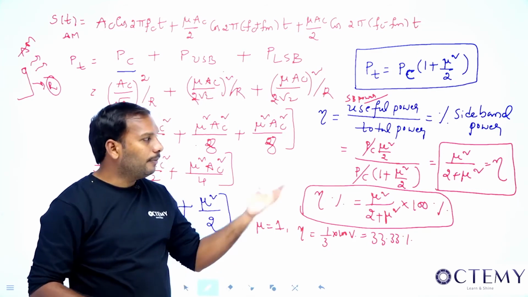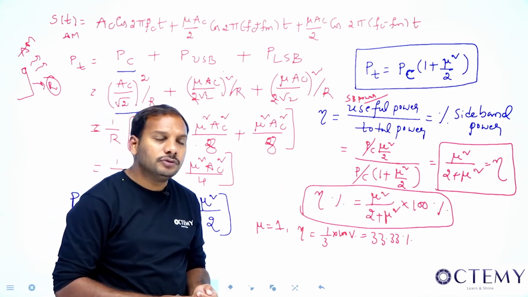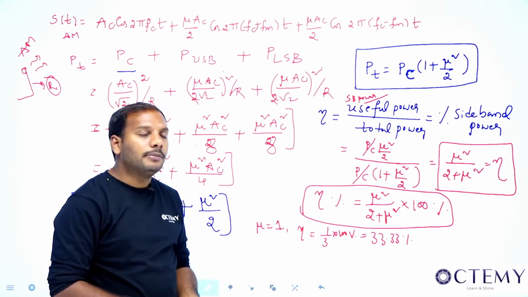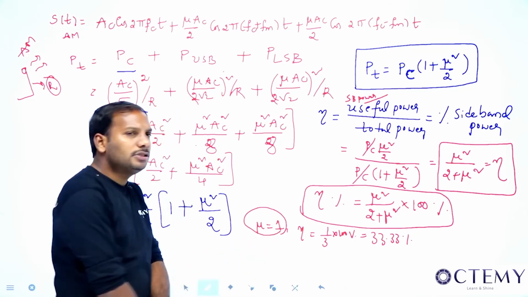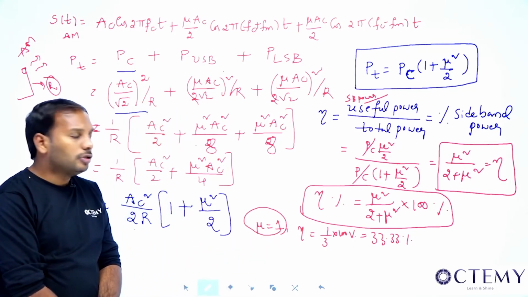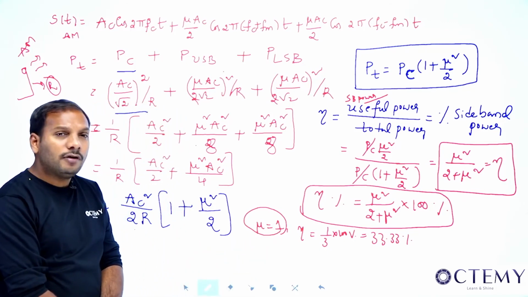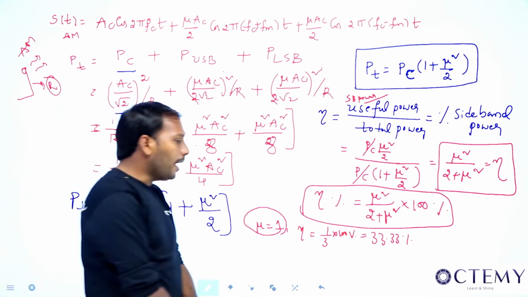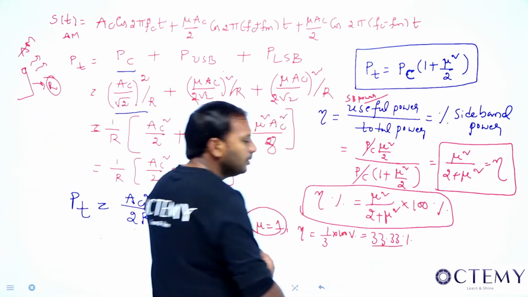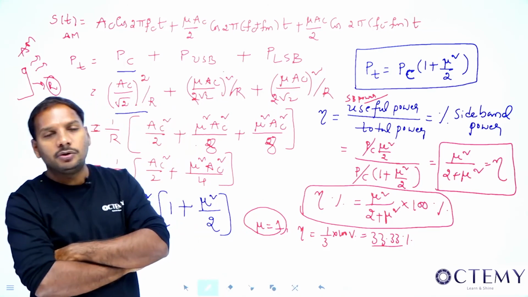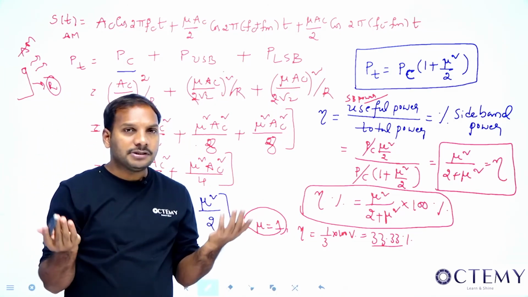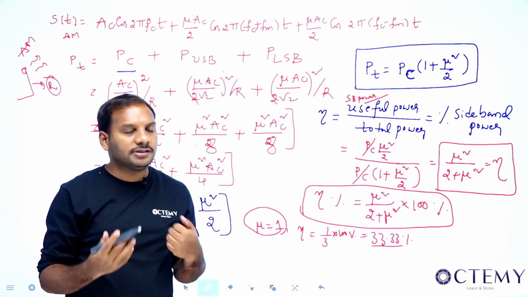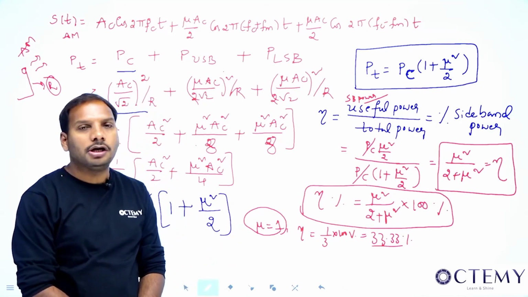But what do you have to compromise? You have to compromise with efficiency. The maximum possible value of mu is 1, meaning the maximum efficiency of the system is 33.33% only. You cannot have 40%, 50%, or 60% efficiency; it is not at all possible.